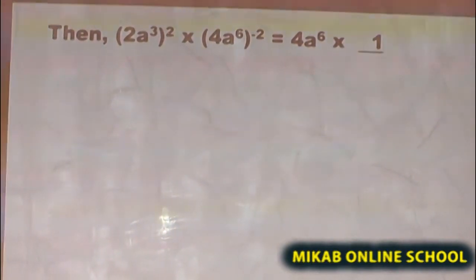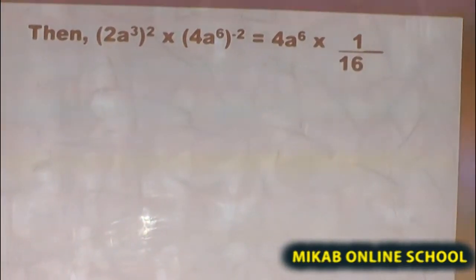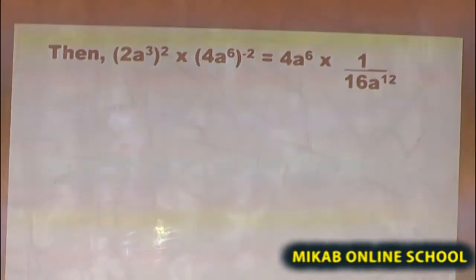The expression is given to be open brackets 2a raised to the power of 3 close bracket all raised to the power of 2 times open brackets 4a raised to the power of 6 close brackets to the power of minus 2 equals the expression of this.